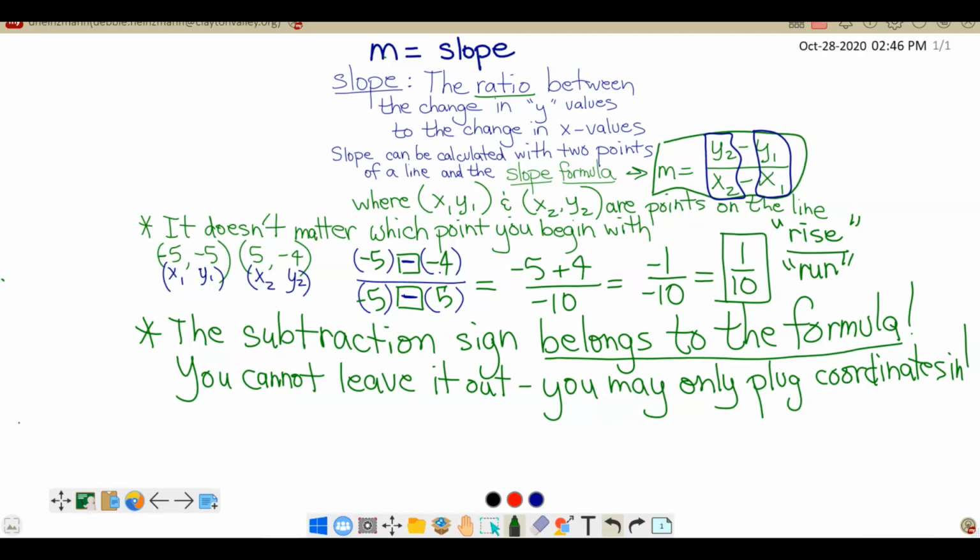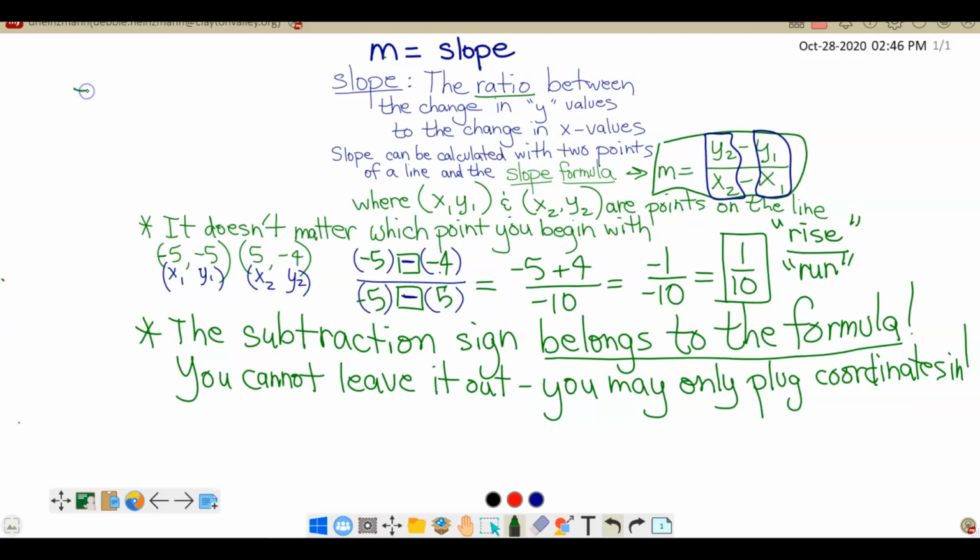Before we leave this problem behind, I want to prove to you the other important point, that it doesn't matter what point you begin with. Here, we began with x1, y1, right here, this -5, -5. So now we're going to do the same exact thing with 5, -4. Let's start with the y2.